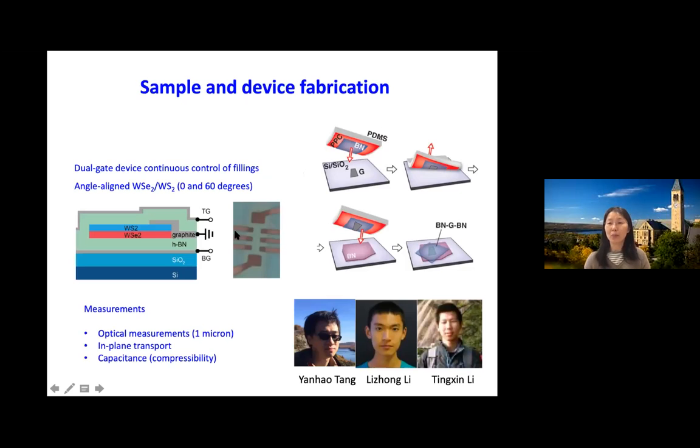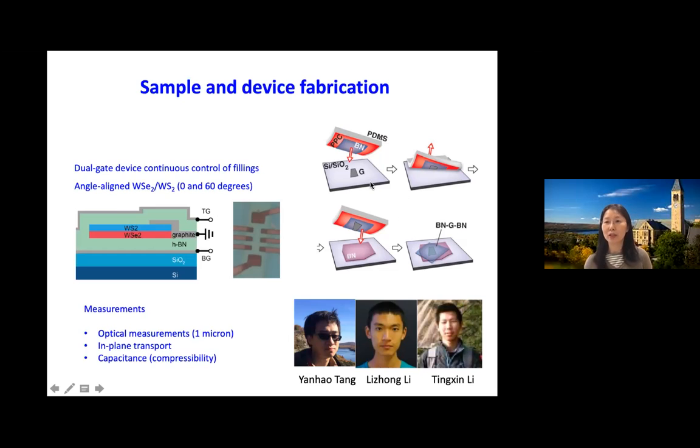We make samples pretty much like in the graphene business. The only difference now is that we have 2 different materials, and we need to stack them at a well-defined twist angle. So we need to determine their crystallographic orientation using nonlinear optics first, and then use the dry transfer method to stack them.